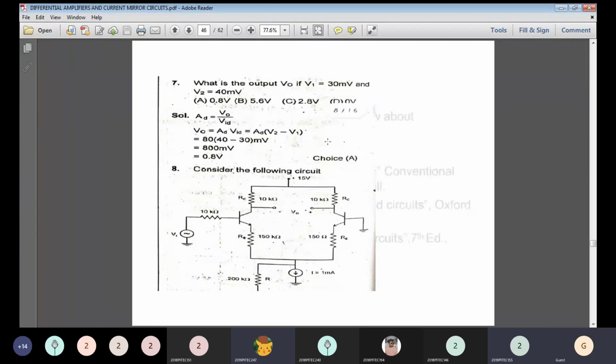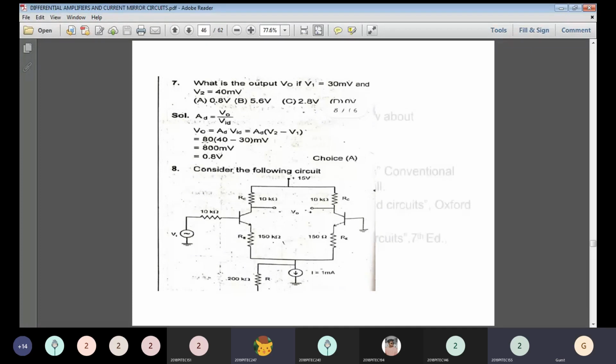For this case, we can use the differential mode gain formula with respect to voltage, because here voltage is given in the given data. So based on the given data, we can choose the formula. So V0 divided by VD; by cross multiplying, you can get the formula for V0. V0 is equal to AD into VD.